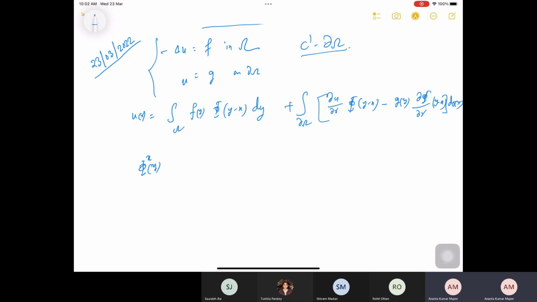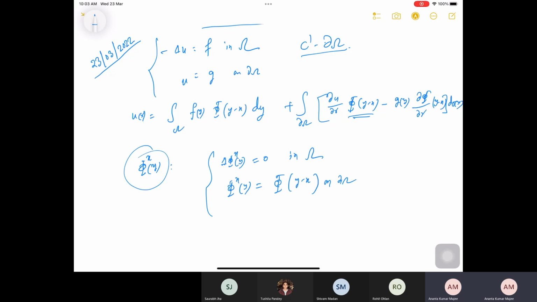Here x is fixed and I am looking for y in omega such that it solves my boundary value problem: Laplace of phi x of y is equal to 0, that means it is harmonic in omega, and phi x of y should be phi of y minus x on the boundary of omega. So we want to find the correction function, such that it is harmonic in omega and on the boundary it equals the fundamental solution.